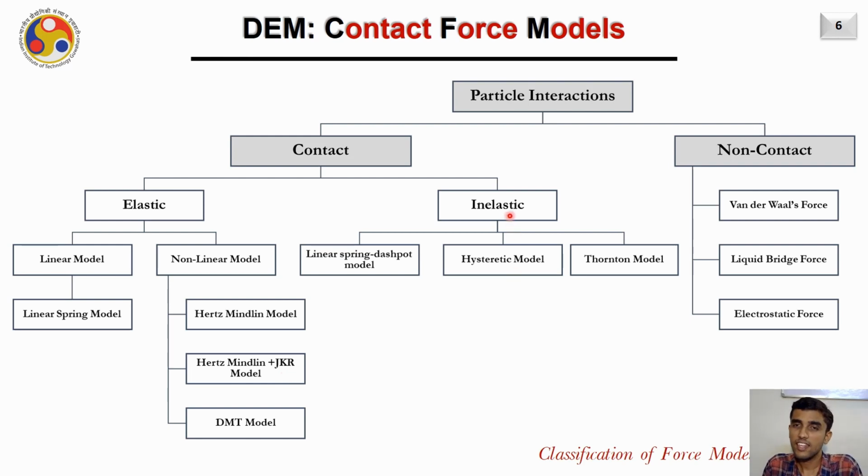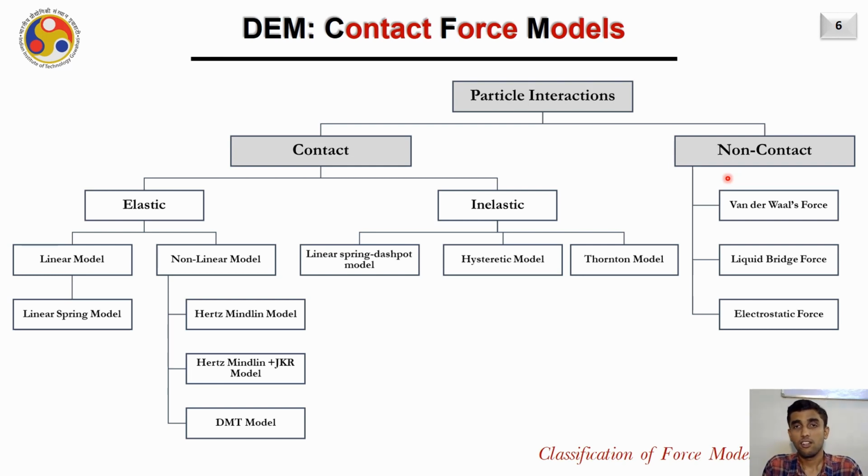Then there are several inelastic contact force models as well. These are typically used when there is plastic deformation amongst the powder particles. Today we are not going to be exploring these inelastic models. Then there are several non-contact force models as well.